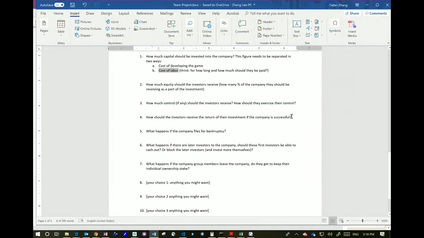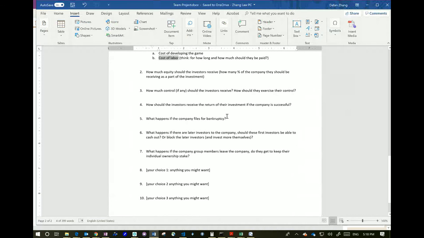Now, remember, if you did equity financing, you actually own a part of the company, so you don't necessarily receive anything in return, but you will share in the profit. However, if you did debt financing, then you will have to get your money back through some sort of pre-agreed arrangement, and that's where you're negotiating.